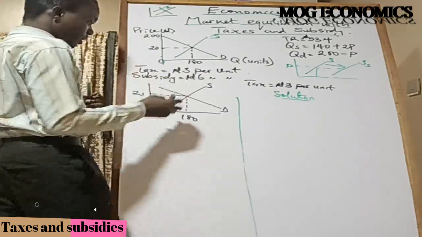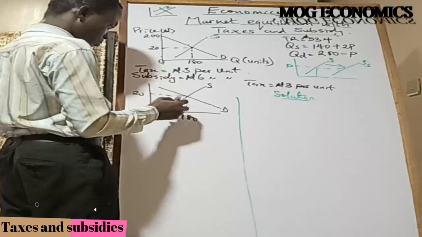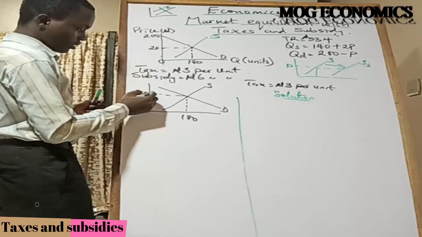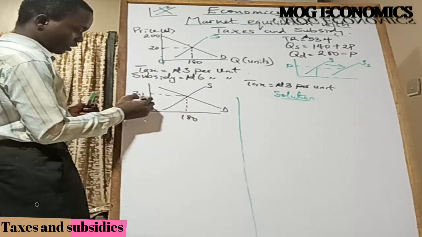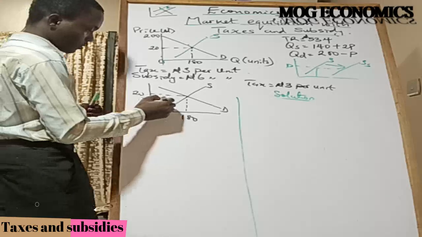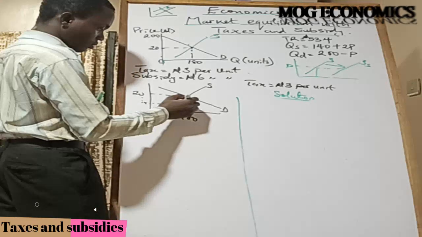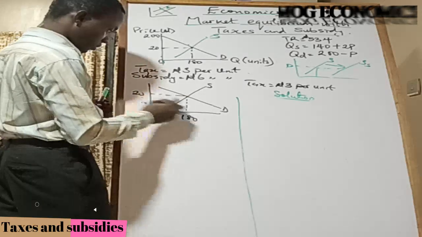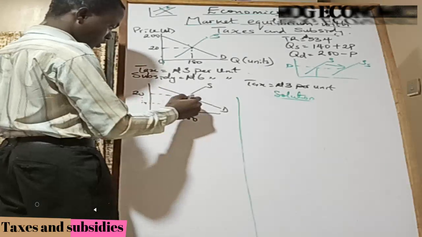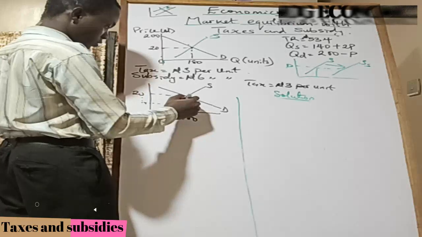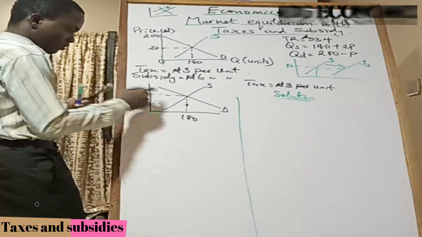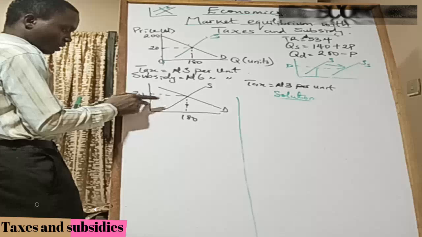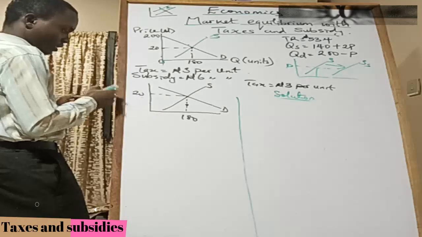Okay, so the new supply curve now, if this is 20, we're having like 14. This was selling for 20, so this new one will be selling for 14, something like this. We are shifting the supply curve by 6 naira.